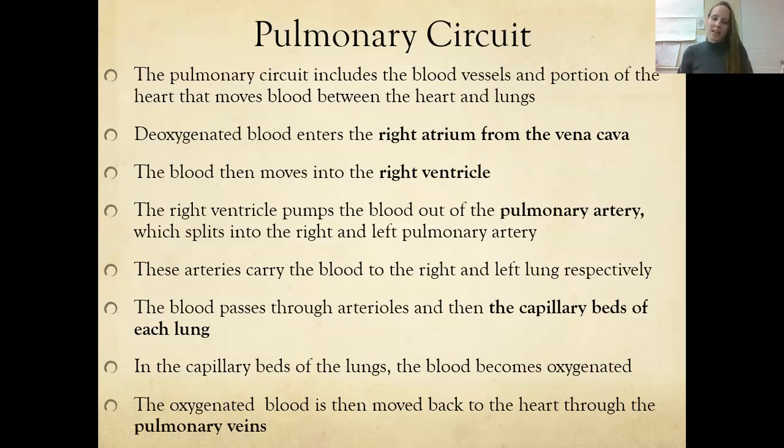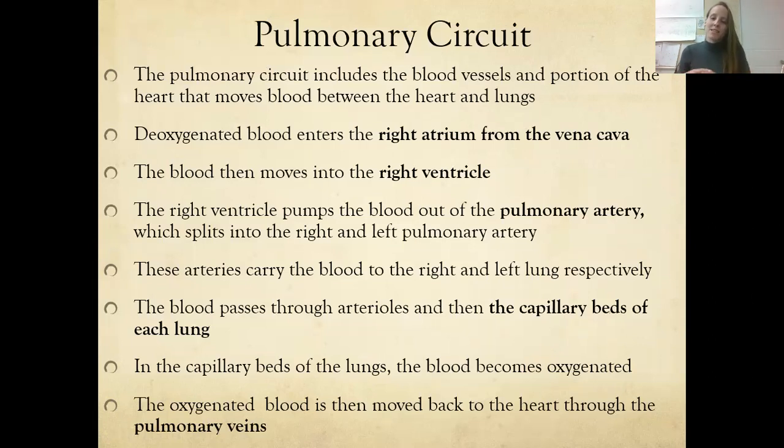So deoxygenated blood is going to come into the right atrium from the vena cava. That's going to be a little pump down to the right ventricle and then a bigger pump out to the pulmonary arteries to the 2 different lungs. The blood is then going to go through those pulmonary arteries, through some arterioles and into the capillary beds in each lung.